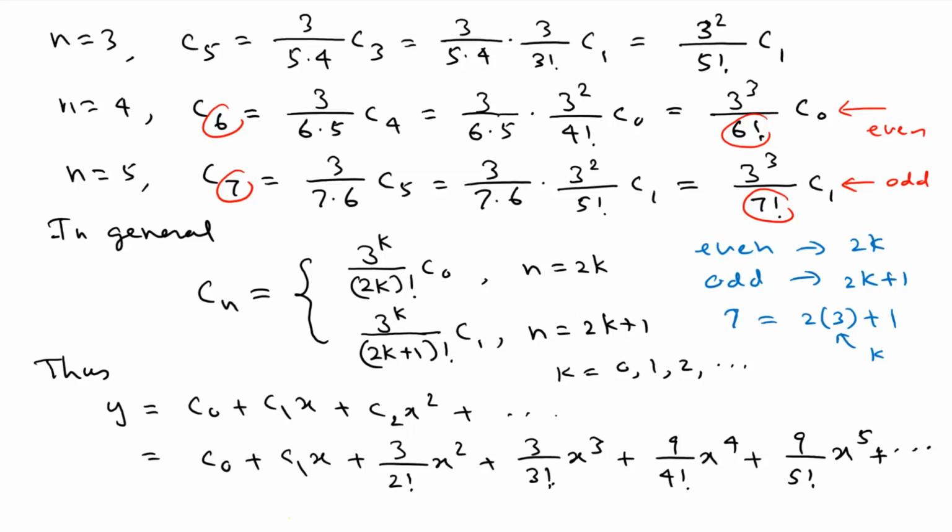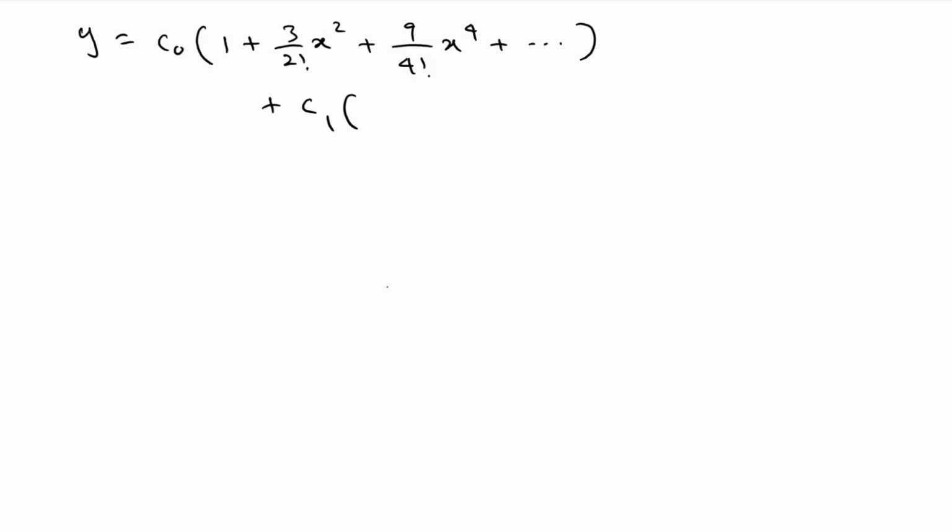Then y can be written as, pulling out C0, the even powers: 1 plus 3 over 2 factorial x squared plus 9 over 4 factorial x to the fourth, and so on, plus C1 times the odd powers: x plus 3 over 3 factorial x cubed plus 9 over 5 factorial x to the fifth, and so on.